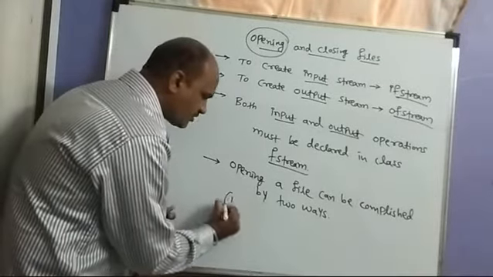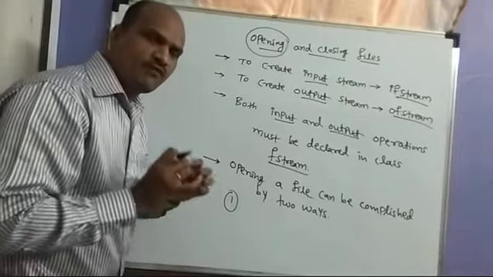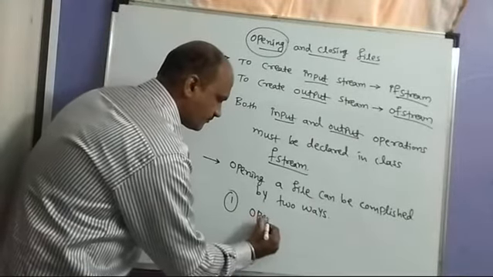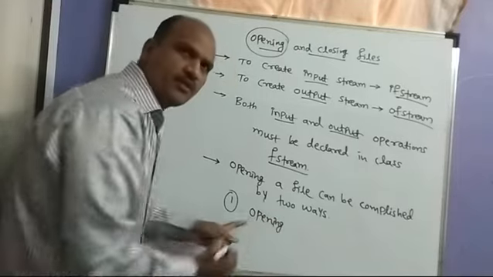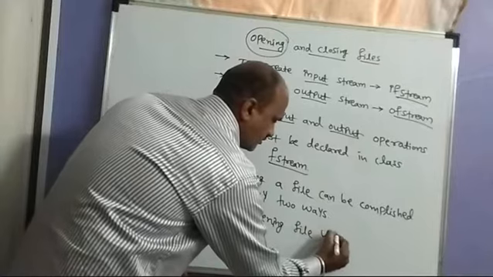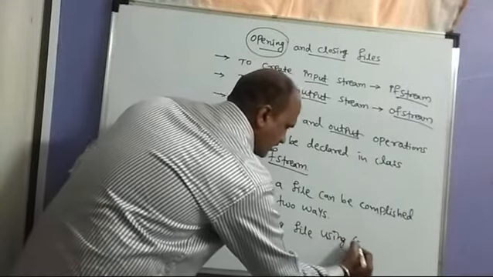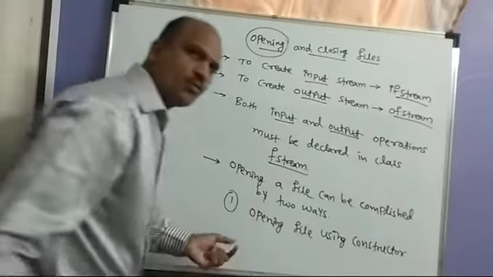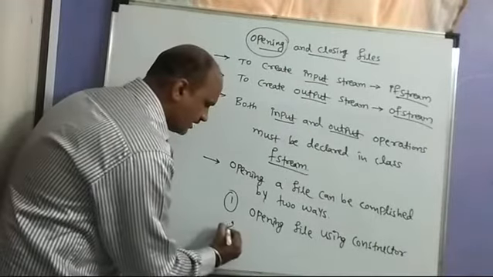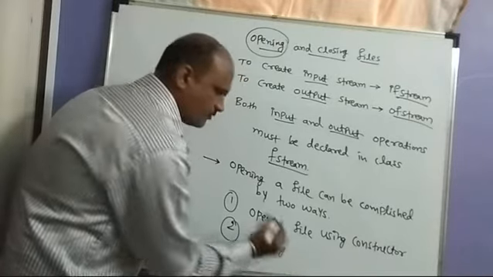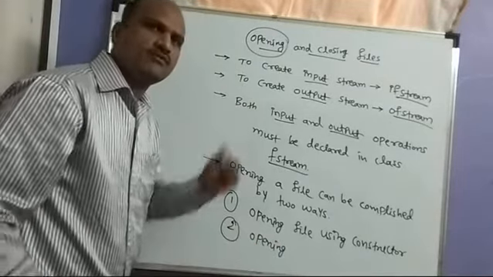The first one is opening a file using a constructor. That is one type of opening a file. Then the second one is opening the file using the open member function.